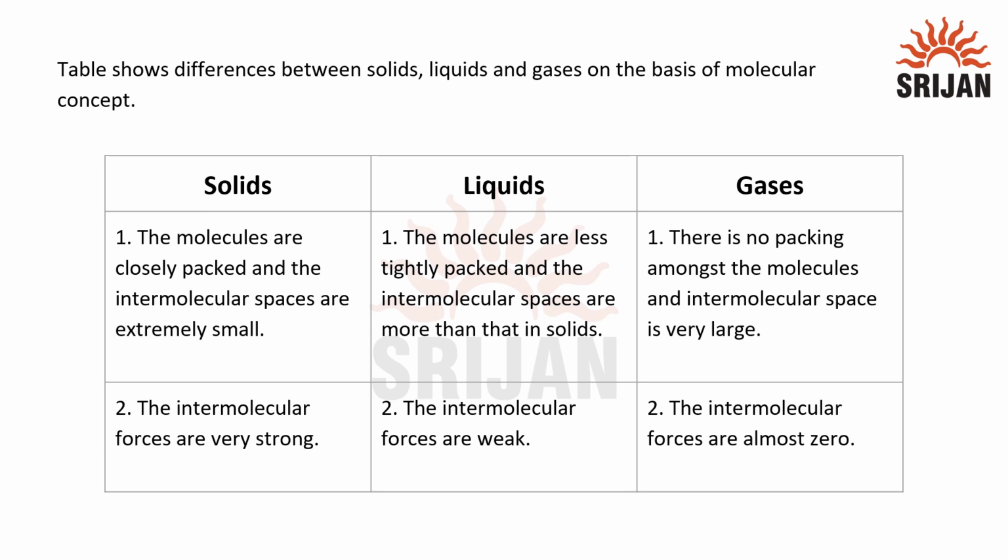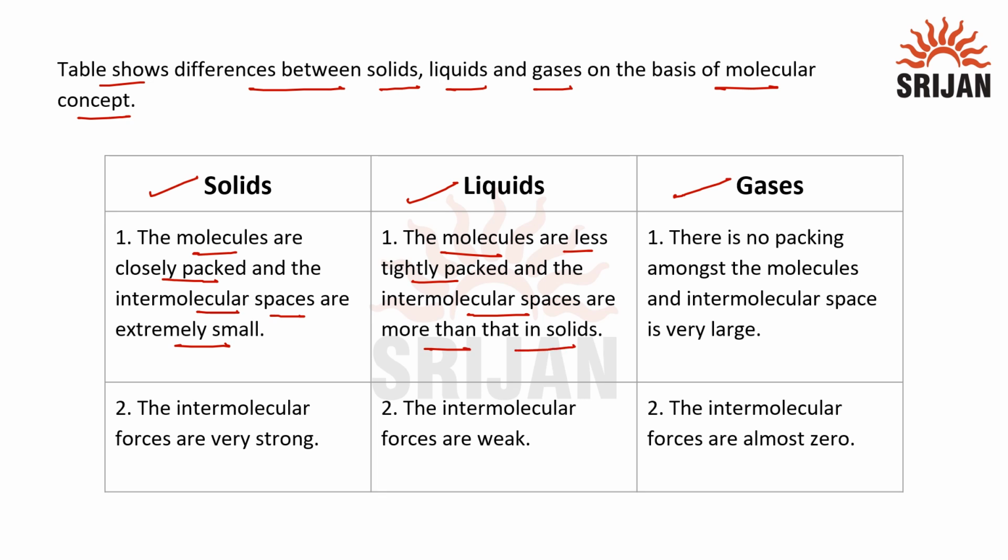Moving ahead, we have a table that shows differences between solids, liquids, and gases on the basis of the molecular concept. So here we have solids, liquids, and gases. The molecules are closely packed and intermolecular spaces are extremely small in the case of solids, but in the case of liquids, the molecules are less tightly packed and the intermolecular spaces are more than that in solids.